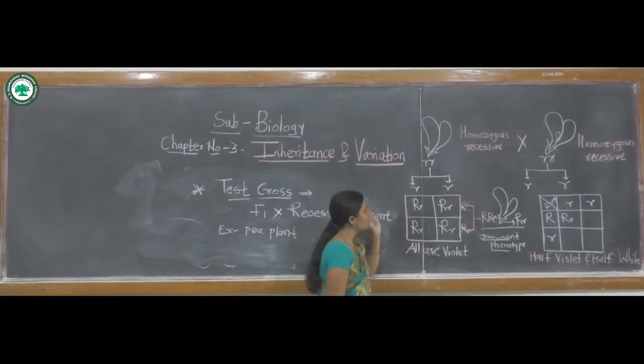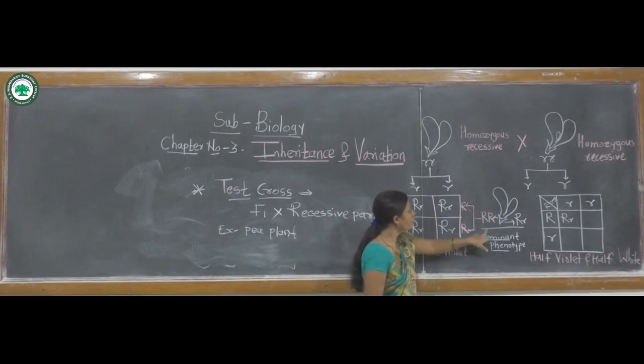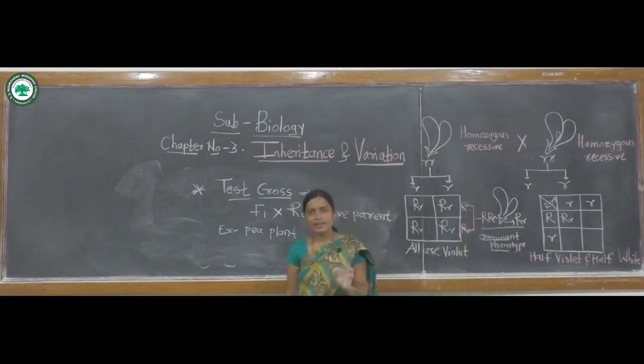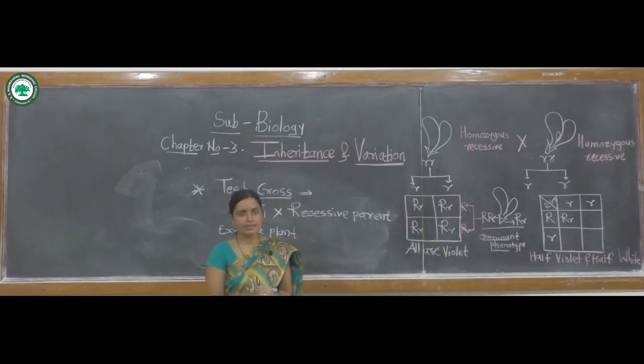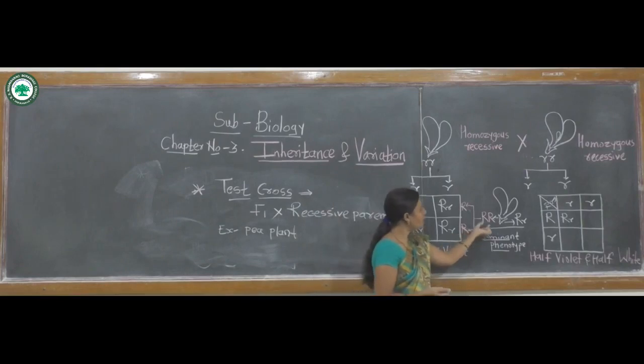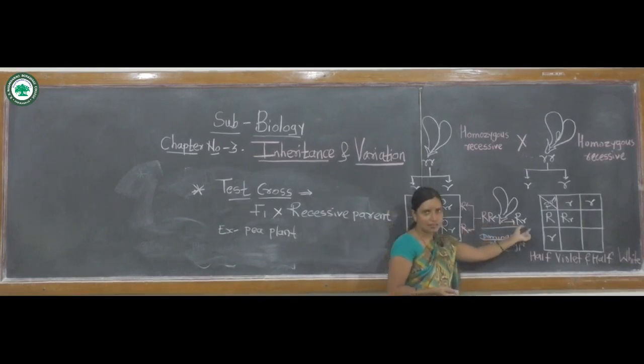The dominating phenotype is capital R; these are the unknown plants, capital R capital R or capital R small r, homozygous or heterozygous. This F1 is unknown, and this F1 is capital R capital R or capital R, small r.